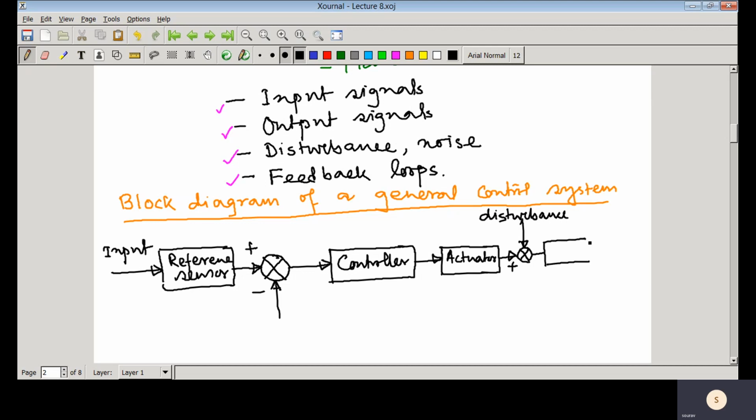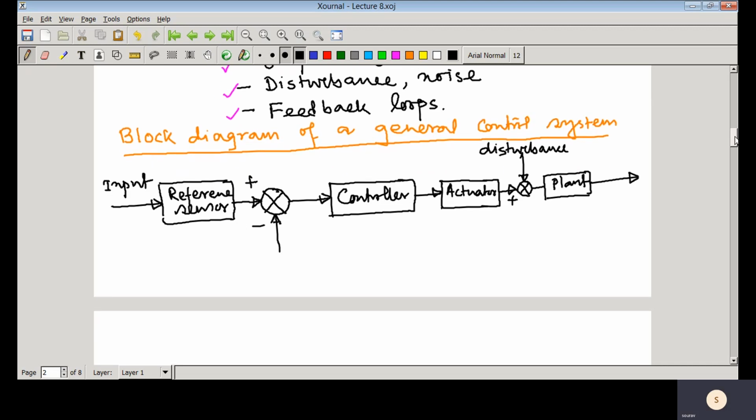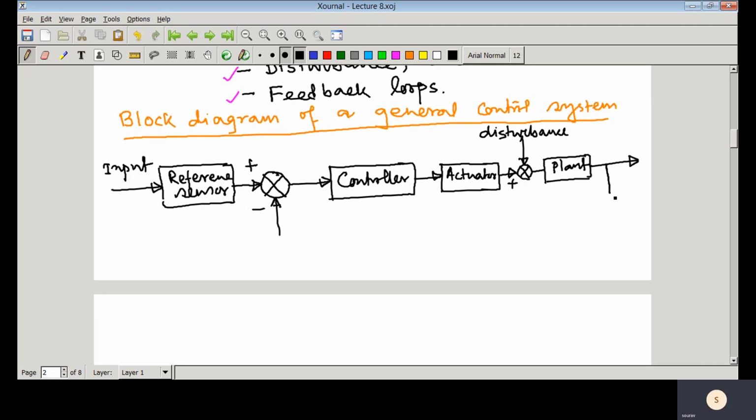Then you have the plant, and then this is the major output, and here we take the feedback signal, so that is the output sensor, and in the feedback path noise may enter, and this is the feedback loop.